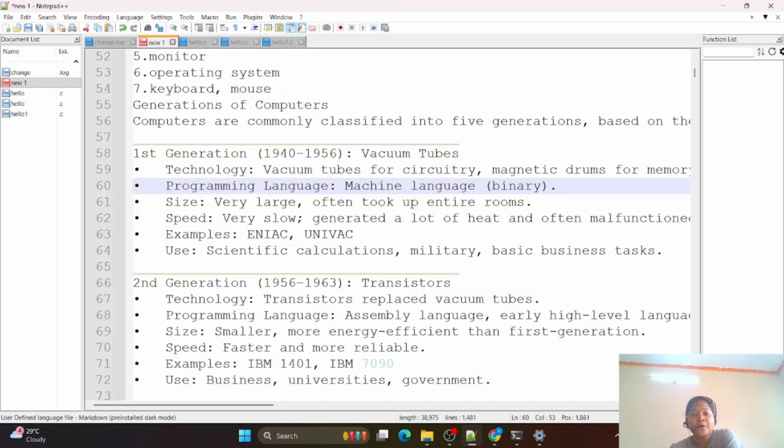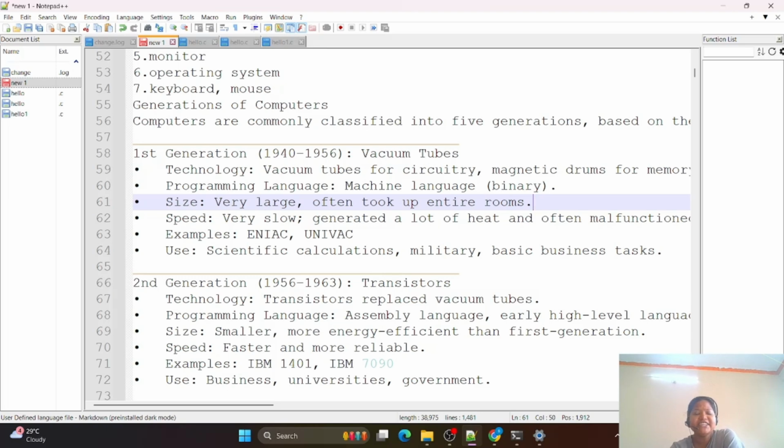I have told you, I think, machine language is where all the code will be written in binary format, means 0 and 1 format. Then the size was very large, just like a room. Can you just imagine how big the computer would be at the time? It was very, very large, and it often took up entire rooms. It was almost like a room.